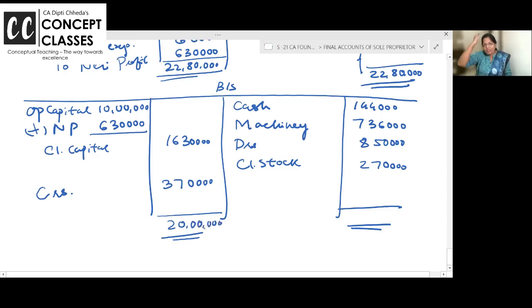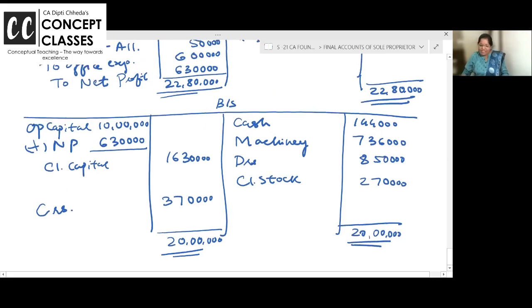ऐसे नहीं, one side या two side? दोनों side check करो how much you all are getting balance sheet total. 20 lakhs. See, 10 minutes we completed this problem, dear students. Everyone has finished.